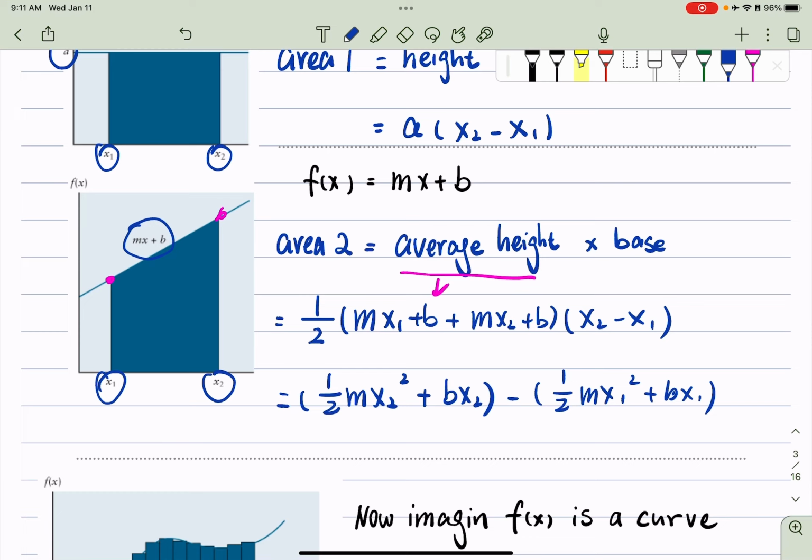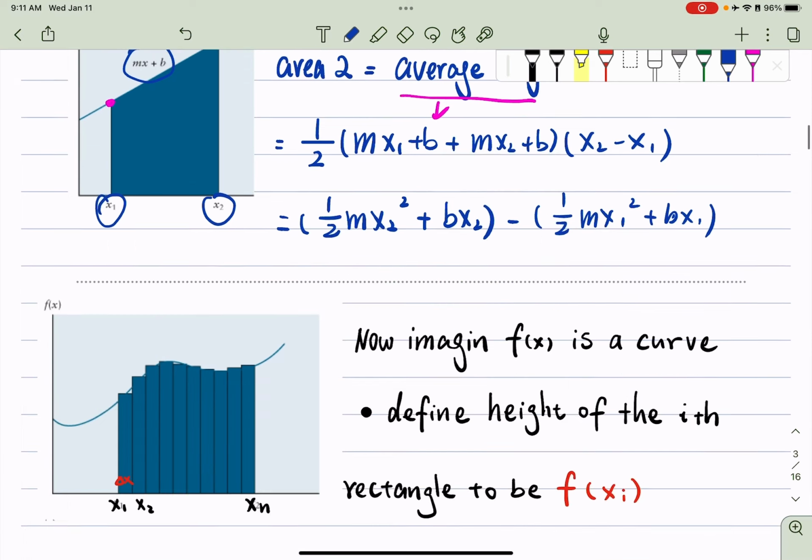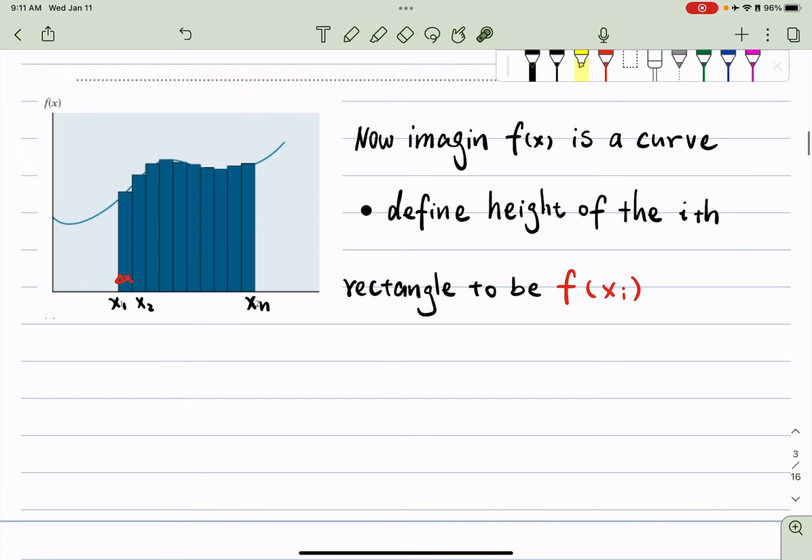So now we're moving on to the actual application of the integral. Imagine that f(x) is a random curve. We don't have the mathematical representation here, just some kind of curve. So how can we find the area below this curve? In this case, imagine you put a very, very small distance between each step.